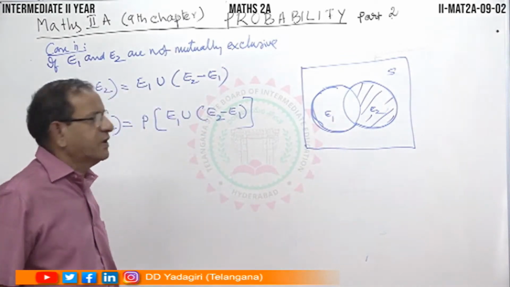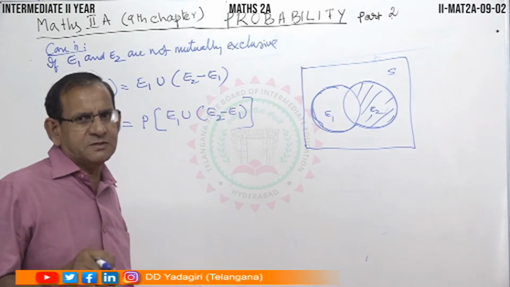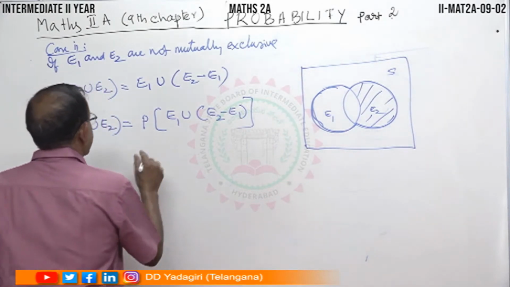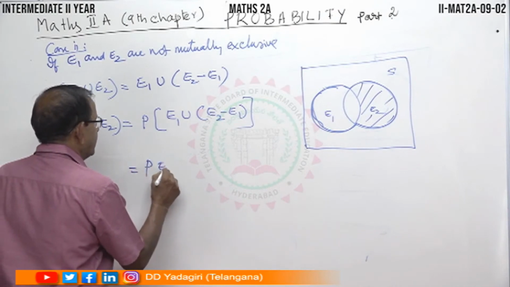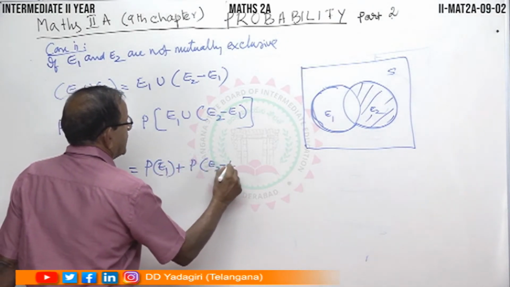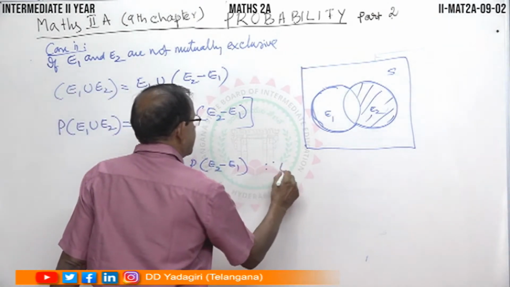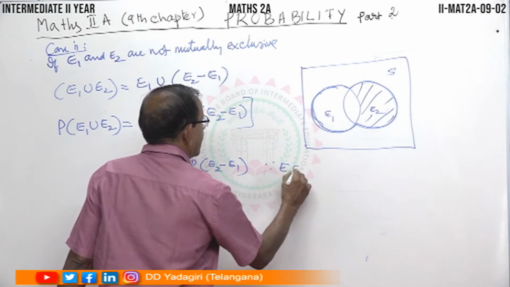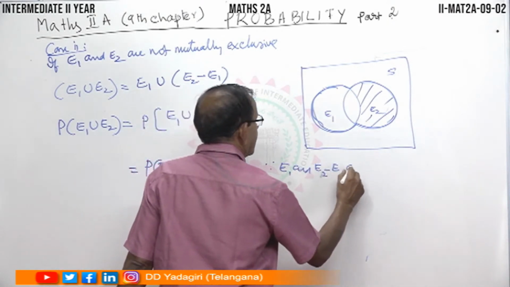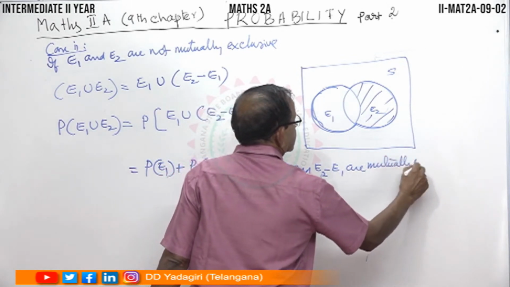Because they have no common part, whenever A and B have no common sample points, P of A union B is P of A plus P of B. By using that, you can write it as P of E1 plus P of E2 minus E1, because E1 and E2 minus E1 are mutually exclusive.